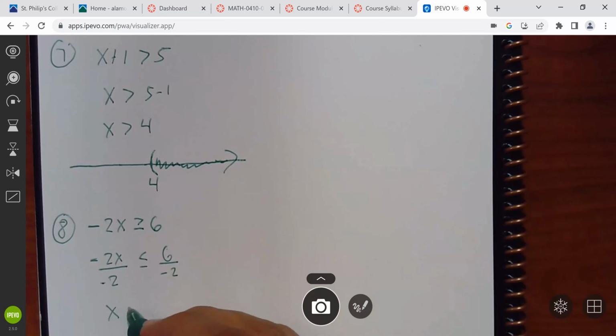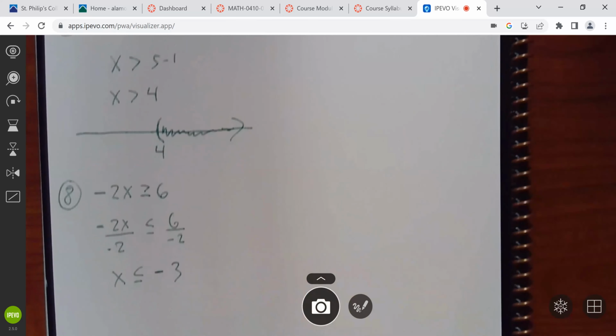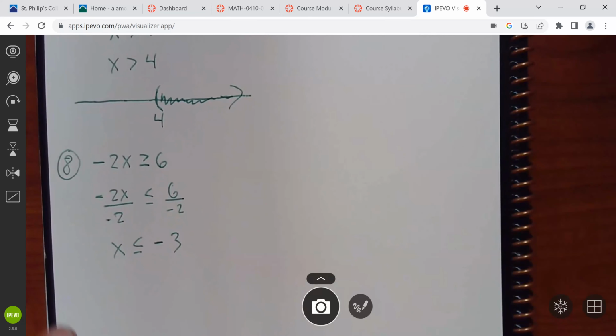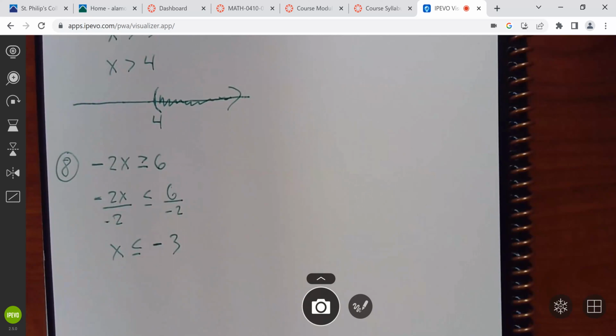Now it's X is less than or equal to 6 divided by -2. Does that make sense? Yeah. Just be very careful. It's the only time it's different. Everything else will be very similar to stuff you've done before. But if you mess it up, then you're going to draw it incorrectly, because you'll be drawing the opposite direction. Okay.